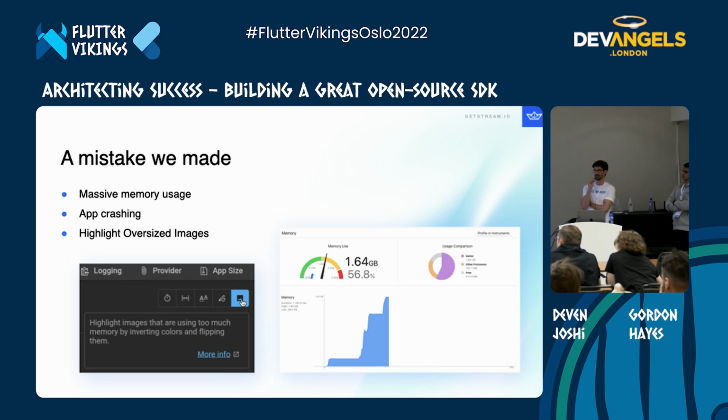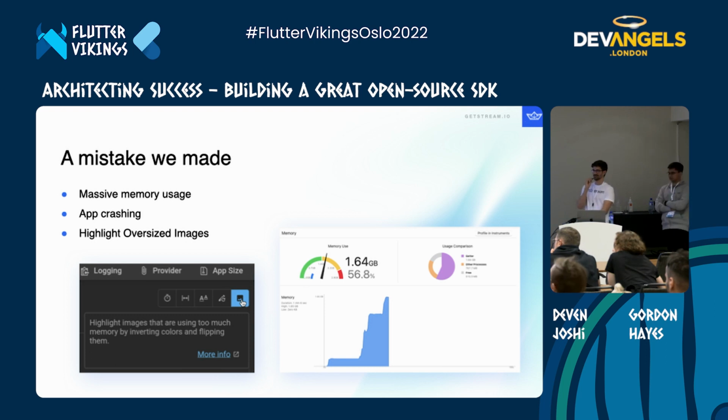So this was rendering a 2 megabyte image instead of the 20 kilobyte version, for example. It wasn't rendering the thumbnail. So this was a small API change that resulted in a front-end performance issue. And we could have resolved this with an automated test that also reviewed memory usage. So yeah, something to consider.